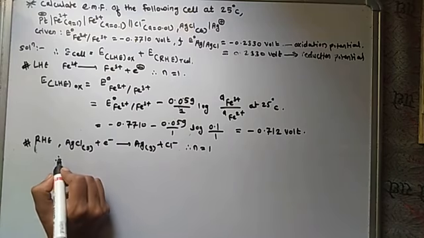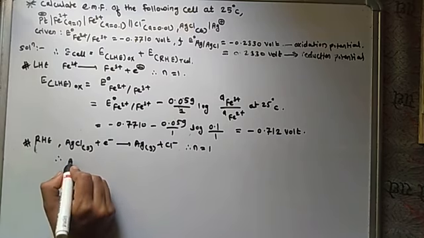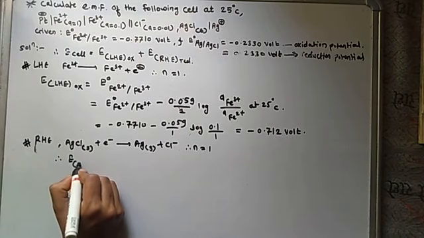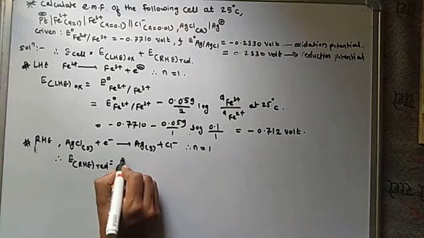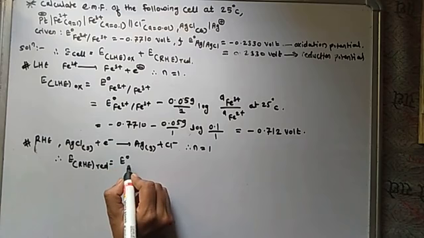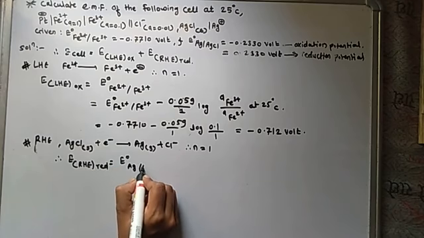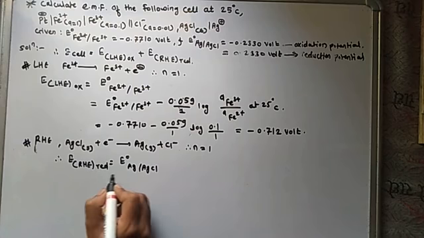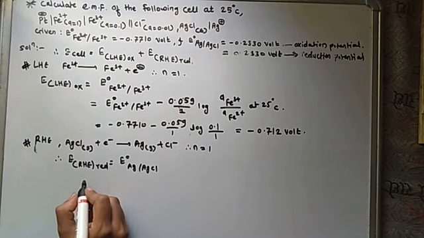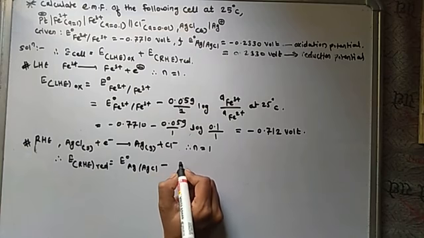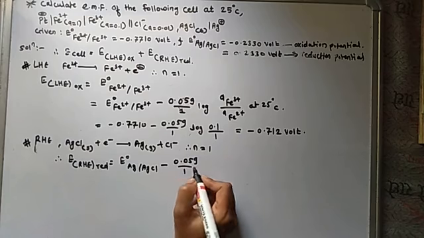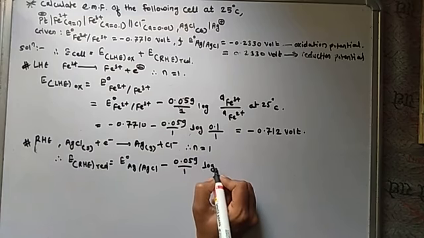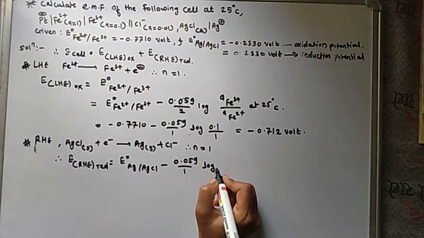And according to the Nernst equation, we know that E of right hand electrode of reduction is equal to E standard of Ag/AgCl, and it will be represented as minus 0.059 divided by 1 log of A reductant upon A oxidant, for using the Nernst equation.